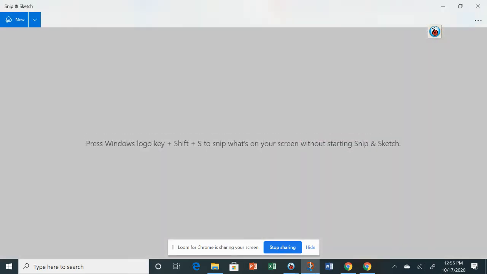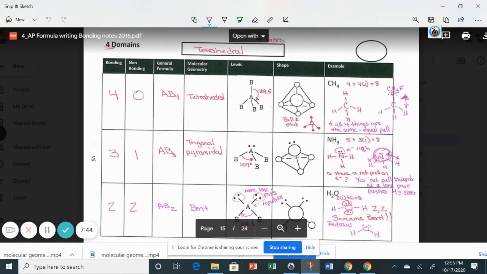And that's why these aren't filled in, because to fill these little things in, it's kind of like this is sp3 hybridization. Okay? So that's hybridization.